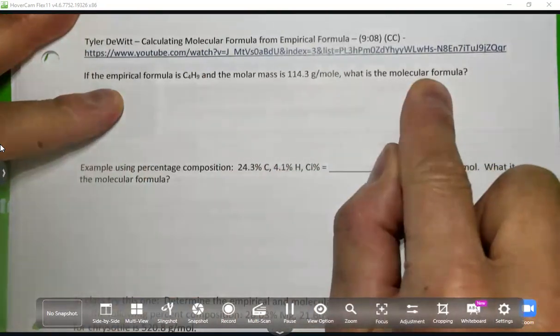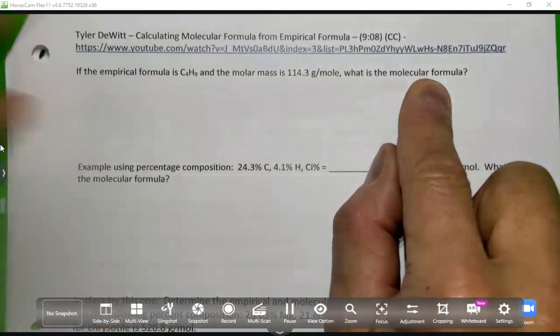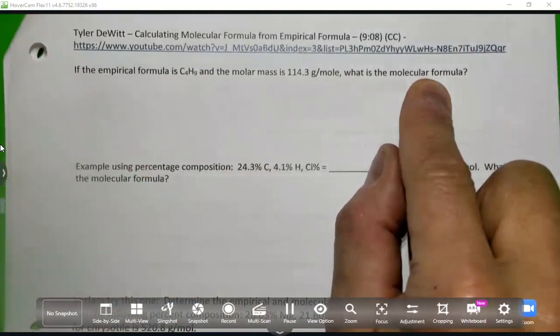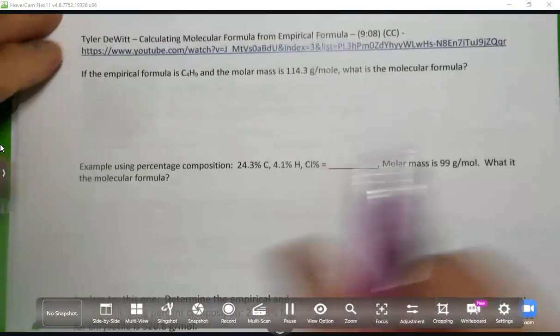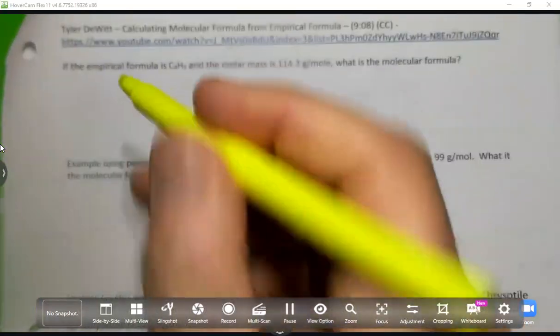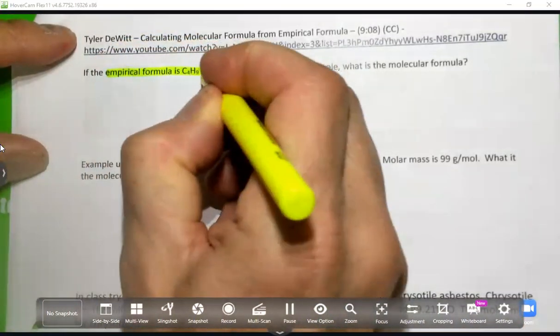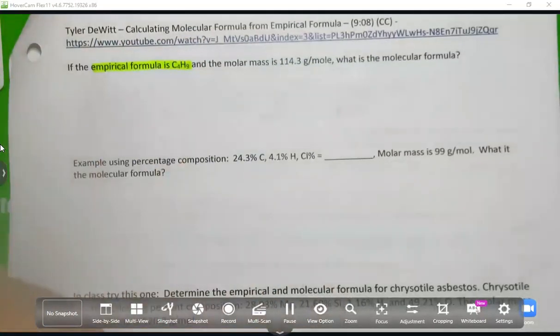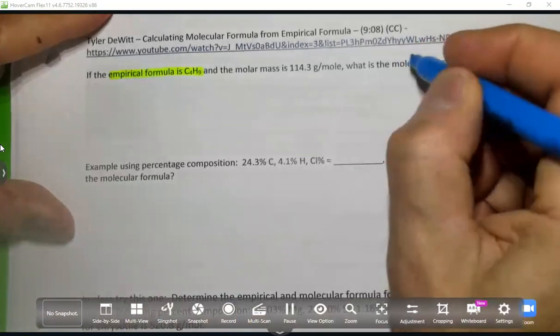What is the molecular formula? Well, here's what we've got. We know that, first of all, this is the empirical formula. We're looking for the molecular.